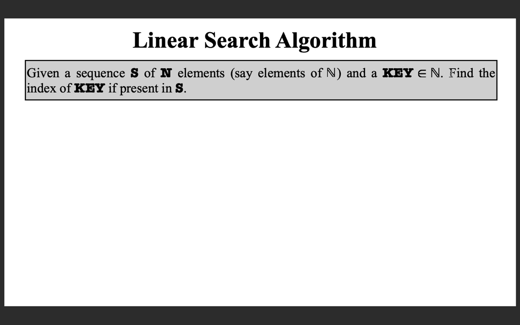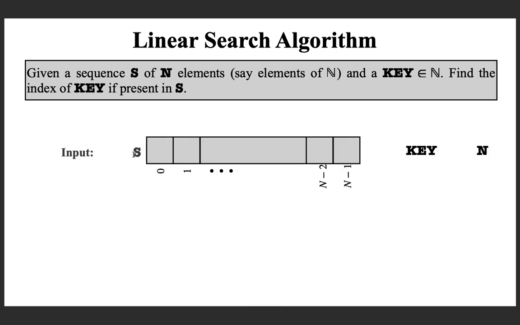And the problem is to find the index at which key is present in S, if it is present. For example, the input will be a sequence of n elements and the number of elements in the sequence, say 10 in this case, and also another value, which is key.